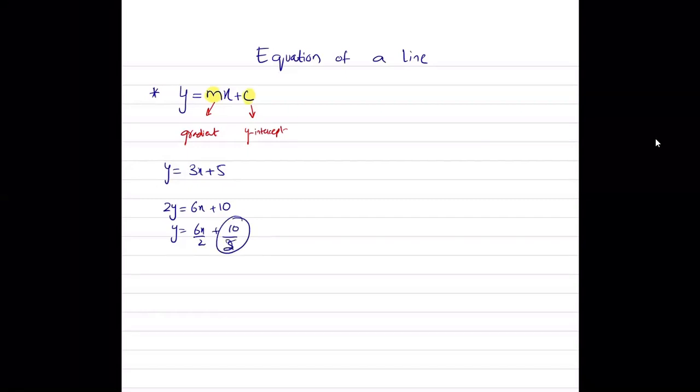That's correct. The other way of writing the equation of a line is y minus y1 equals m times x minus x1. So if I know that the gradient of a line AB is 3 and it passes through the point 1 comma 2, what is the equation of the line?